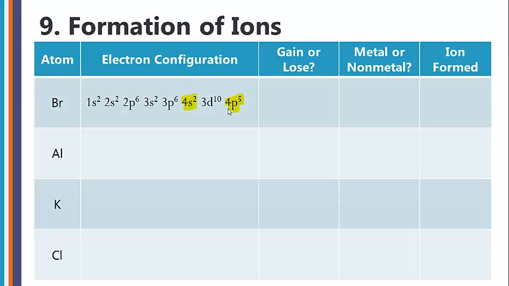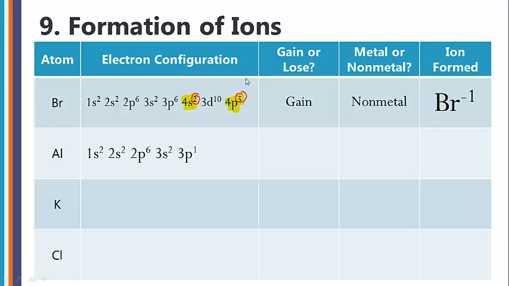And we see that in that energy level 4, the total number of valence electrons that I have is 7. This means that it's really close to having a full octet. So bromine is going to gain 1 more electron to get a full octet. Nonmetals tend to gain electrons, so the ion form is going to be Br minus 1.